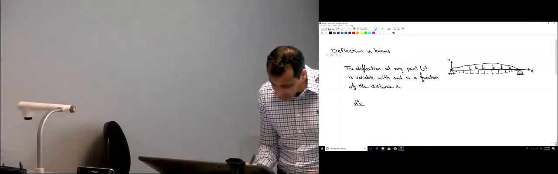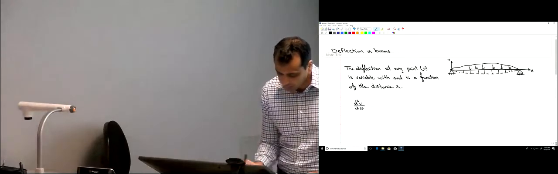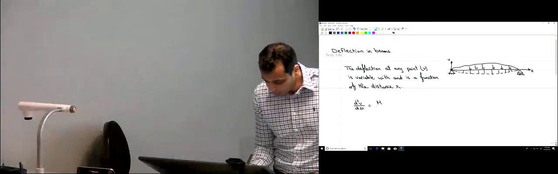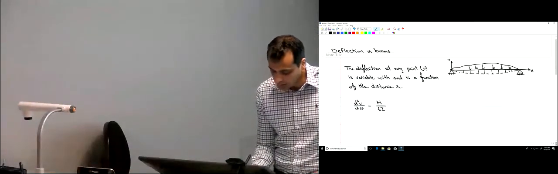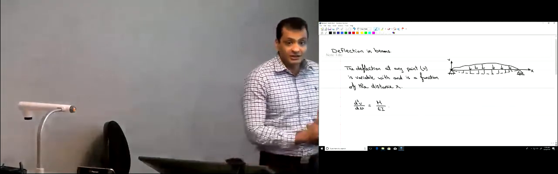So in the mechanics of materials class, you have this formula: d²v/dx² is equal to M divided by EI. This is the relationship that gives you the deflection. v is the deflection. It's v small, not the shear. The shear is V capital.